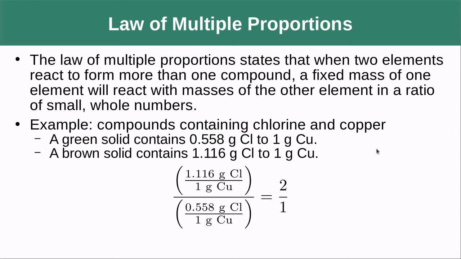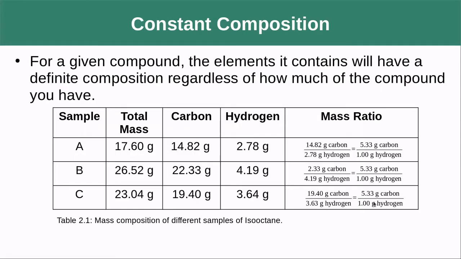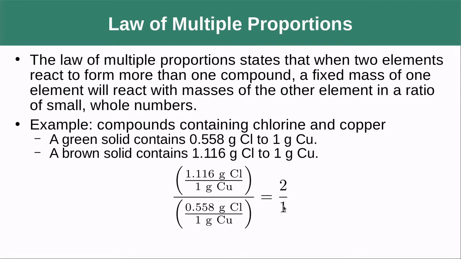If we have 2 different compounds, both containing chlorine and copper, and we have our green solid and we have our brown solid, if we took the ratios of chlorine to copper and then divided those two, we see that the brown solid has 2 chlorines for every 1 chlorine in our green solid.